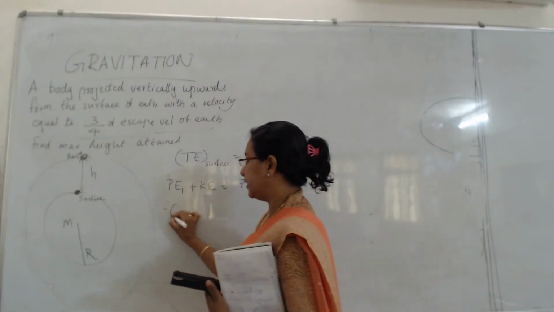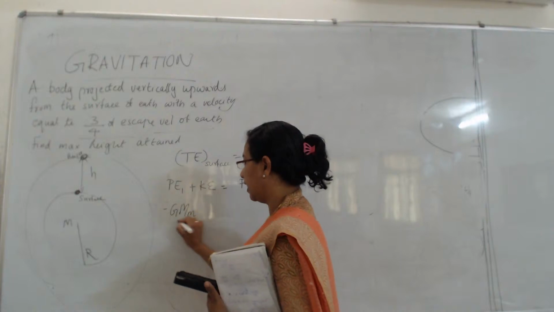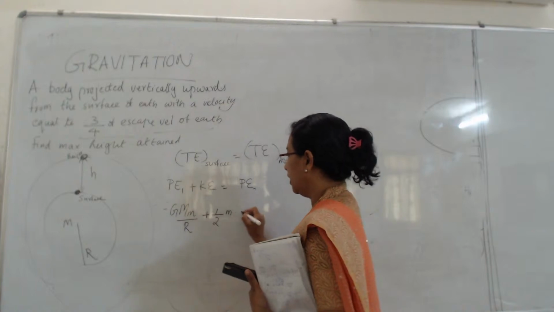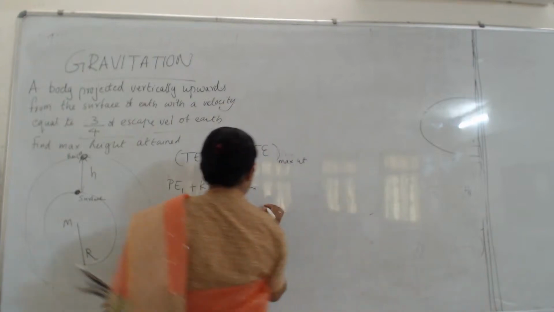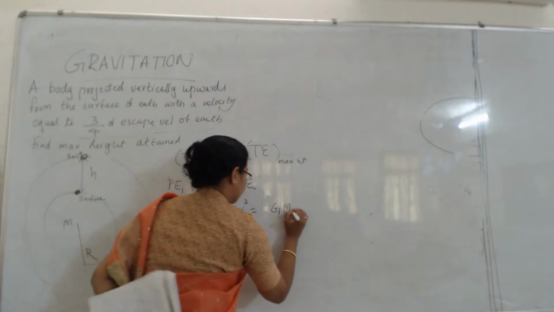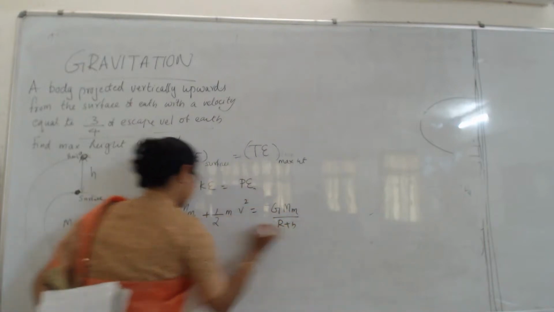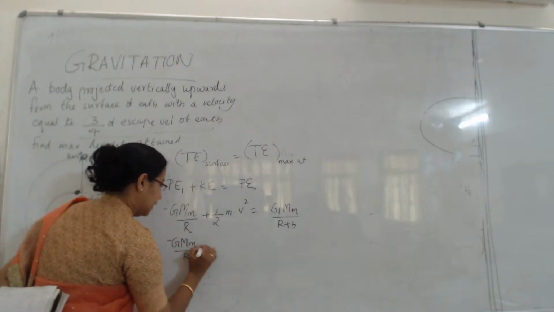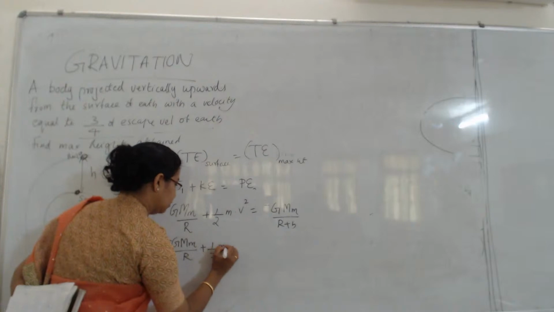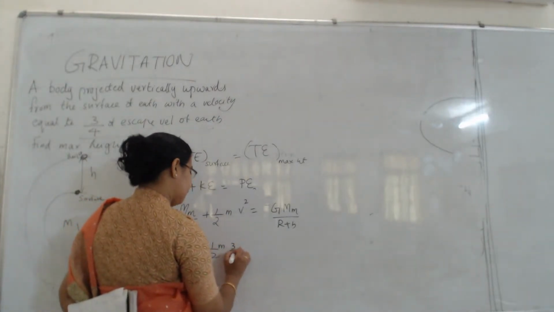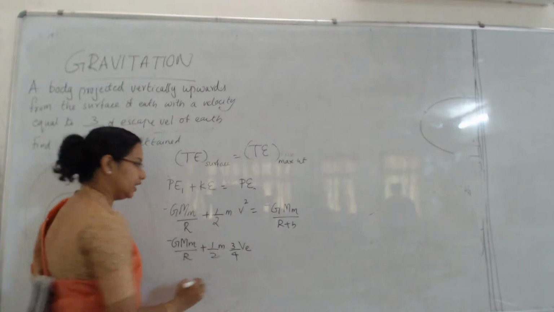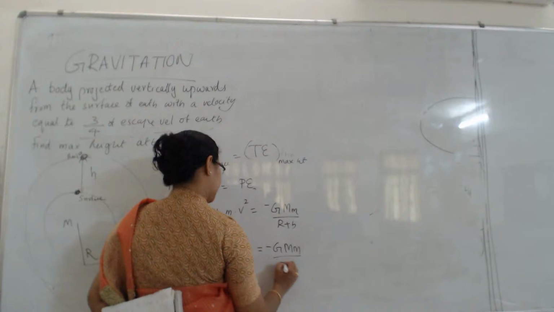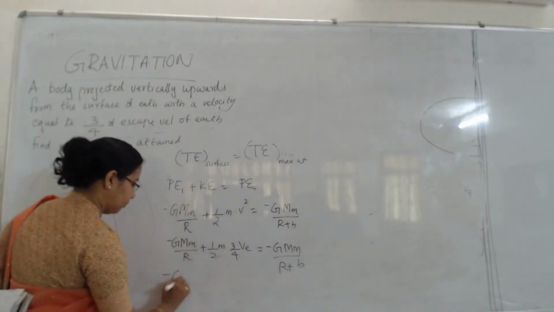Potential energy here is minus GMm by R plus half m into v squared is equal to, I am just writing all the steps now, minus GMm by R plus h. Half m into 3 by 4 of escape velocity squared. Steps will increase, no problem.